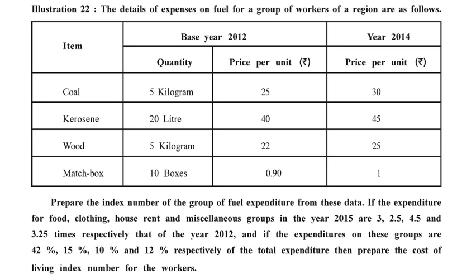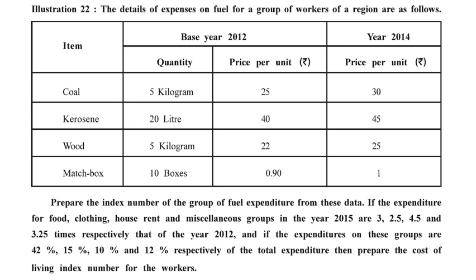Once we get the answer for the given table, that is the coal, kerosene, wood, matchbox, the group of fuel, we will move forward to the second paragraph here. Prepare the index number for the group of fuel, that is the table. Once that is done, the expenditure for food, clothing, house rent and miscellaneous groups, that are the remaining 4 groups, are 3, 2.5, 4.5 and 3.25 times.